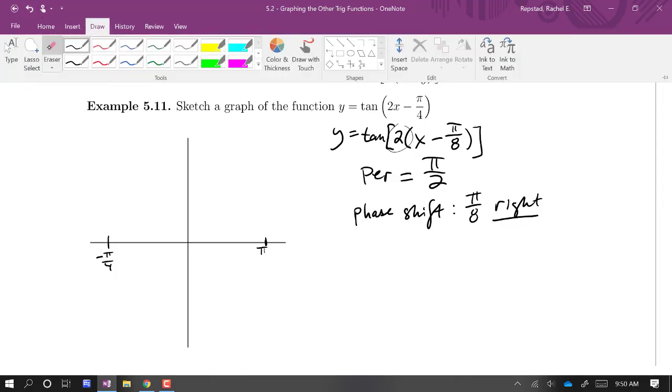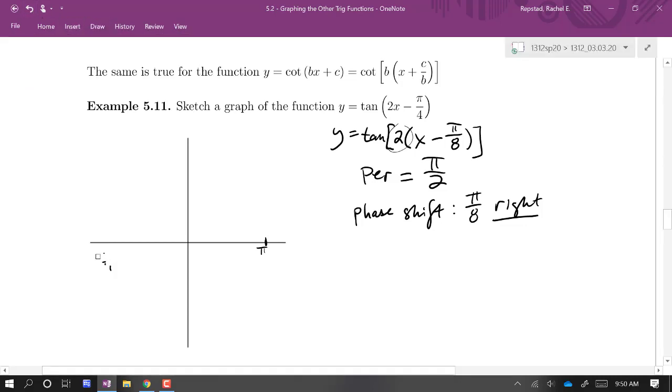Hold on, I'm going to adjust this a little bit because I need to leave some space for a phase shift. Okay, so this is for the graph without a phase shift. This is where the asymptotes will be. And then the halfway mark between the two tells me where it hits this coefficient, which in our case is just 1. So 1, negative 1.